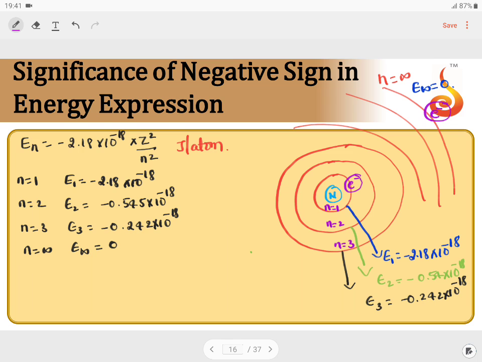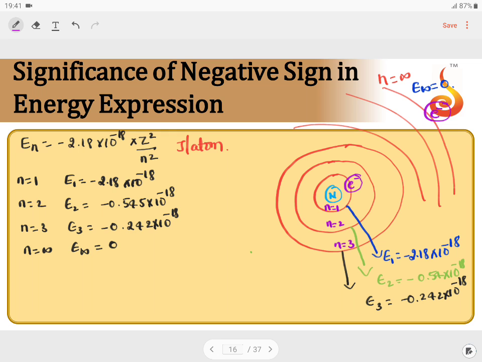Therefore, when it is nearer to the nucleus, the attractive force between nucleus and the electron is stronger. That means nucleus has a control on electron. Suppose you take an electron at infinite distance. When I say infinite distance, the nucleus has no control on the electron.